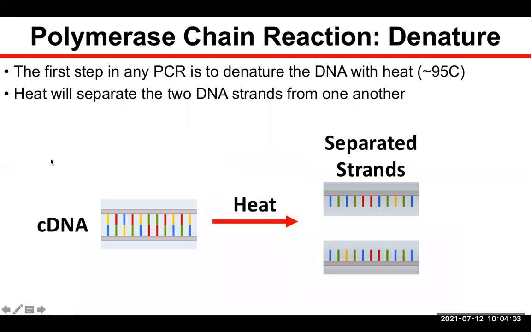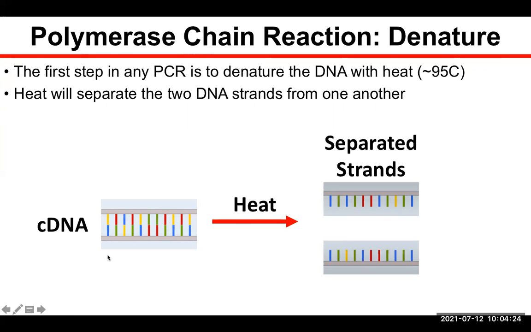So the first step of any PCR reaction is to denature the DNA. A typical temperature used for denaturing DNA is 95 degrees Celsius, and this temperature is going to separate the two strands from one another.